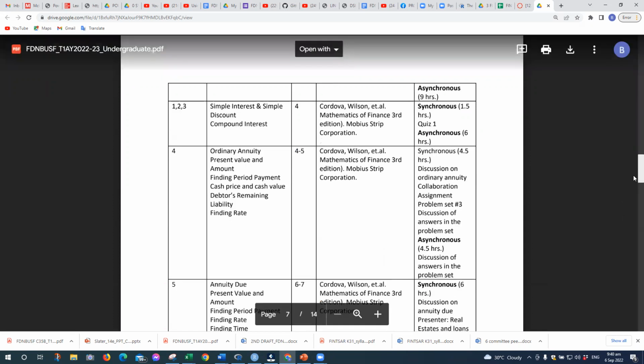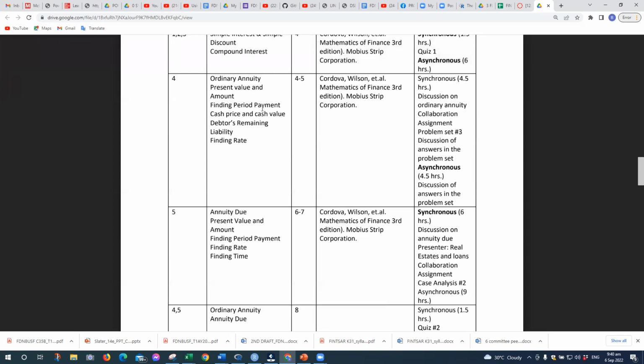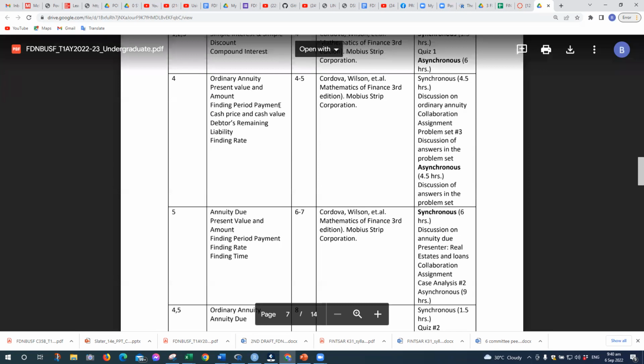All right, then the next topic will be annuities. Okay, so you have ordinary annuities. Then how do you compute for the present value of an ordinary annuity? Then also how do you compute for the periodic payment, which is the annuity itself?